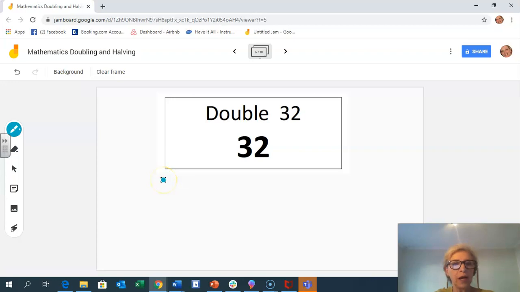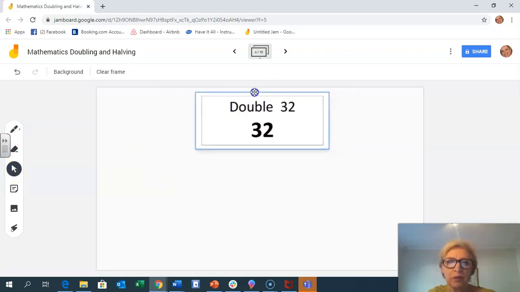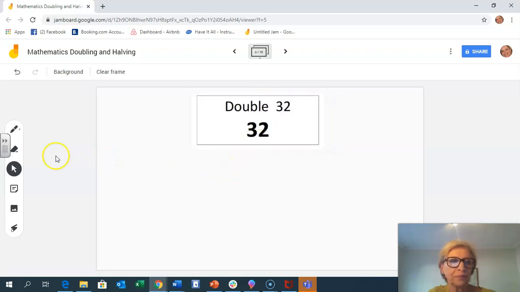I'm going to show you now, we're going to go into just the numbers and no pictures this time. I'm going to show you how I think the best way of setting out a doubling sum would be, in the most sensible and organized way.